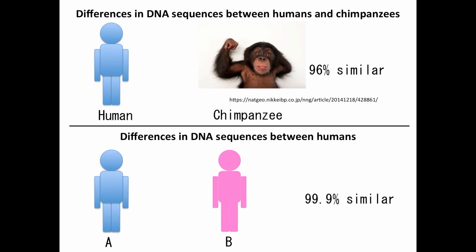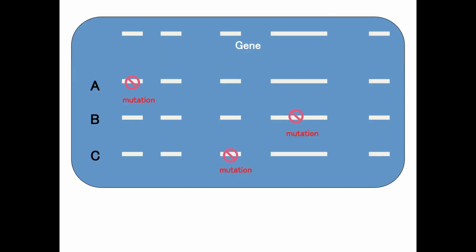Why can we see such a difference in DNA sequence in human cells? So we show the example of three persons' genome information. For example, Mr. A, Miss B, and Mr. C. Each person has a mutation at a different gene position.